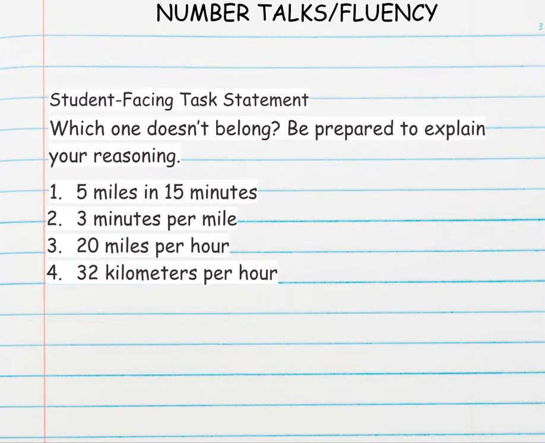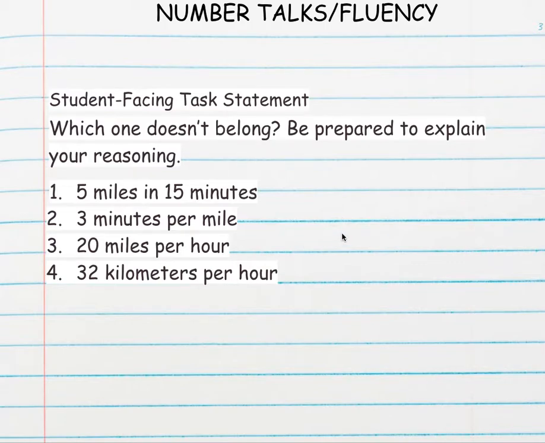I also see that some of these are expressed in minutes and some in hours. Number 1 is in minutes, number 2 is in minutes, but 3 and 4 are in hours.